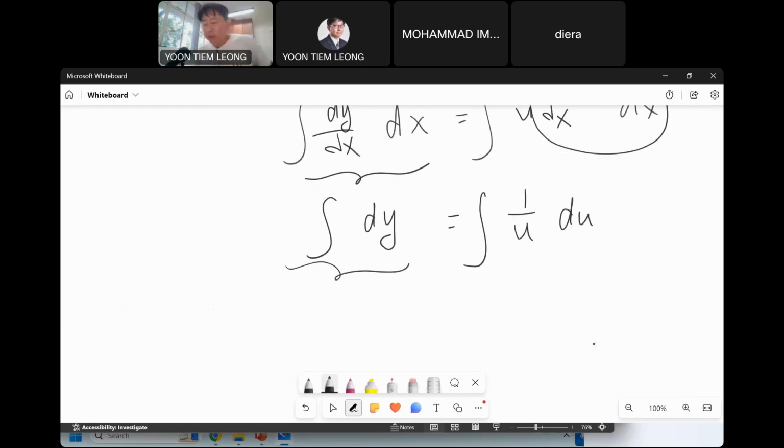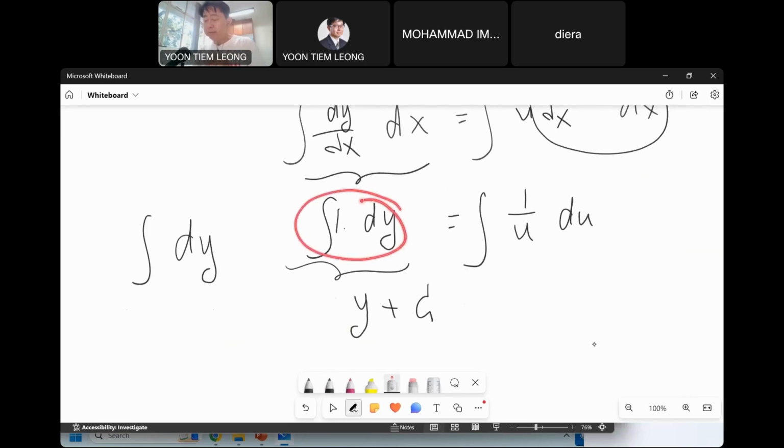This is referring to the antiderivative of the constant 1. So the left-hand side, the indefinite integral of 1 with respect to y, is just y plus the constant c. The antiderivative that's represented by the integral sign with respect to y is just y plus c.